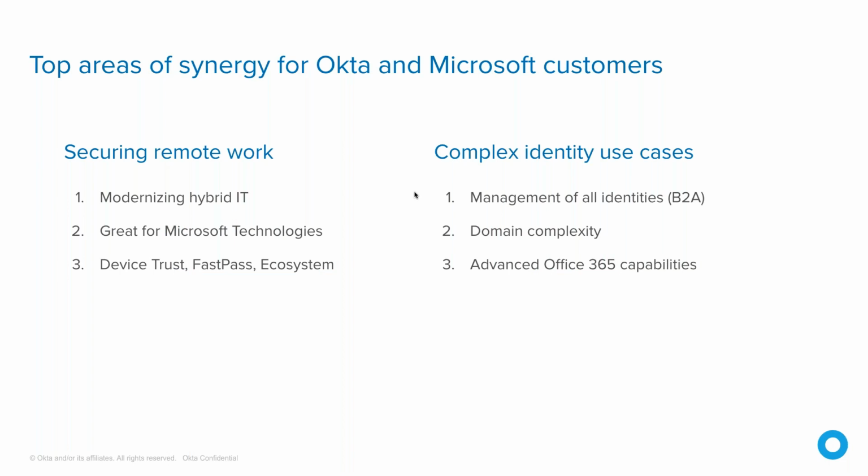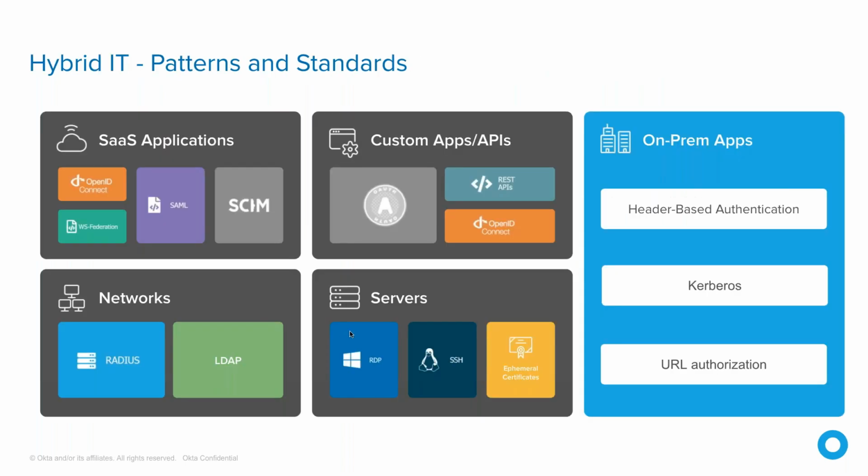So we're going to start off on the left-hand column, beginning with modernizing hybrid IT. So hybrid IT, as I'm sure many of you are aware, gives you a sort of landscape of technologies and platforms that achieve various use cases. We might have our network platforms, maybe a bit of legacy in there, like RADIUS protocols, LDAP.